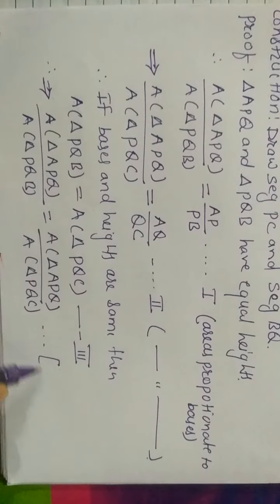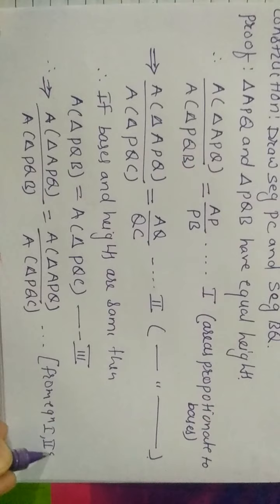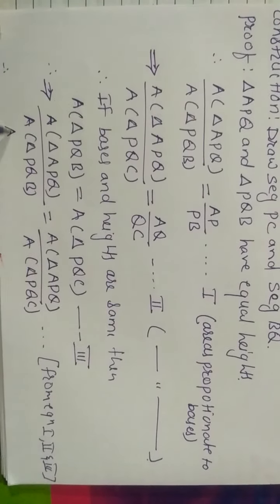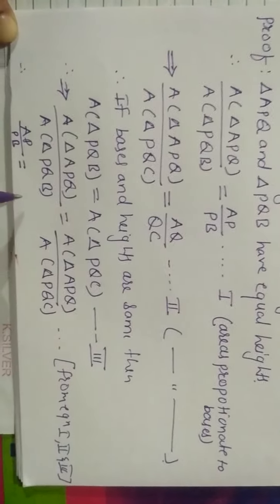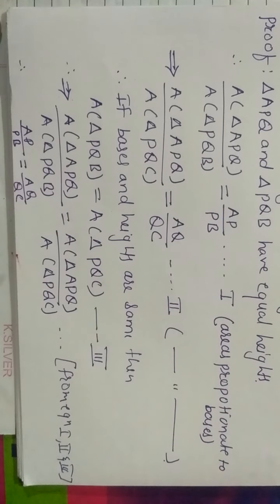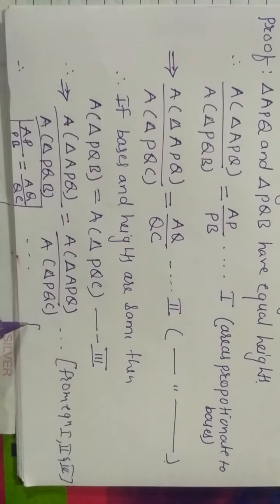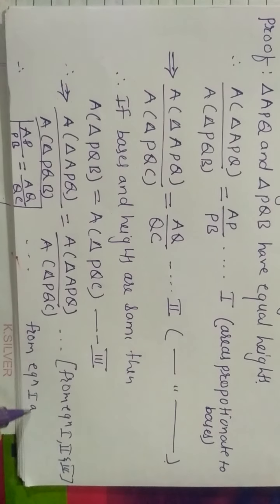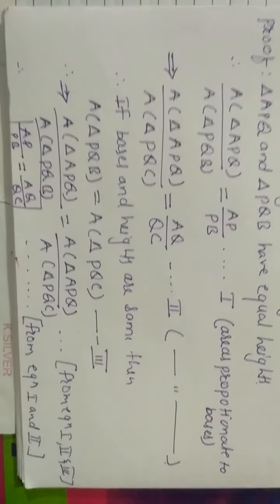This is from equations 1, 2 and 3. So therefore AP by PB is equal to AQ by QC. This is from equations 1 and 2. Hence we prove.